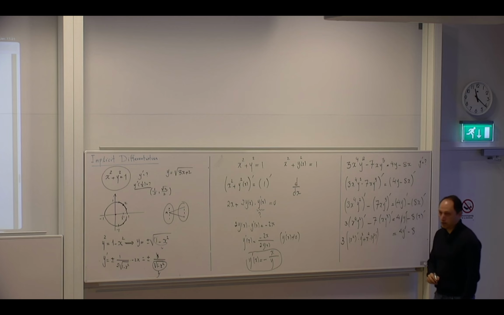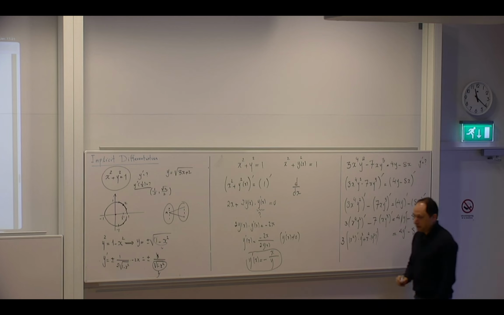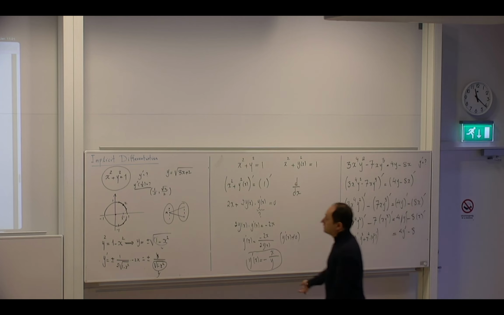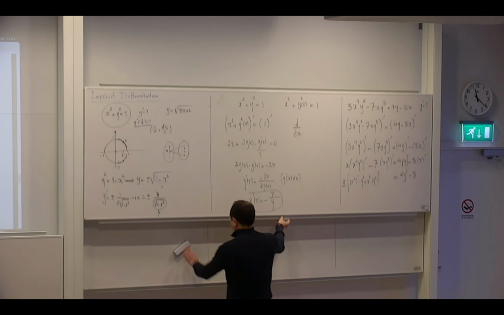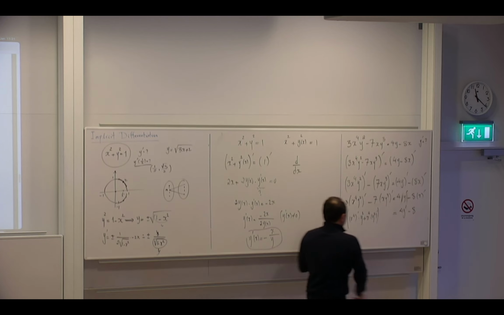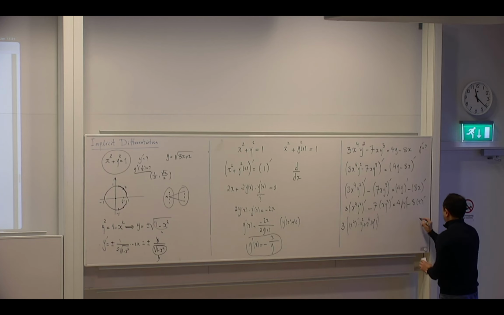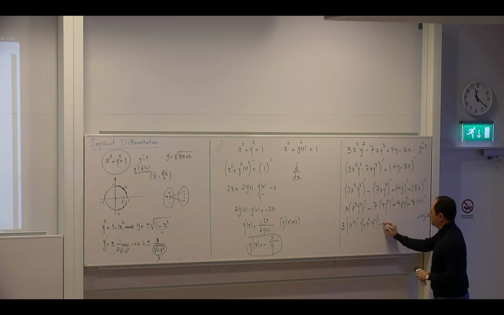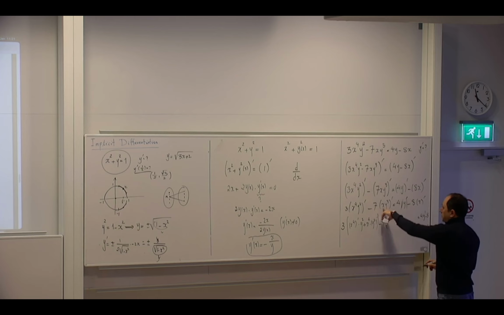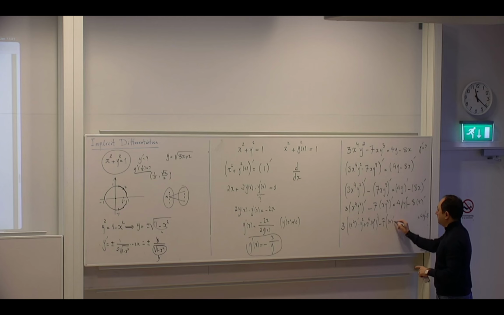Do you agree? Okay. So let me open up a little bit of space here. Okay, that is the product rule applied here. But this one is also another product rule. So it becomes the derivative of the first one multiplied by the second one itself plus the first one multiplied by the derivative of the second.